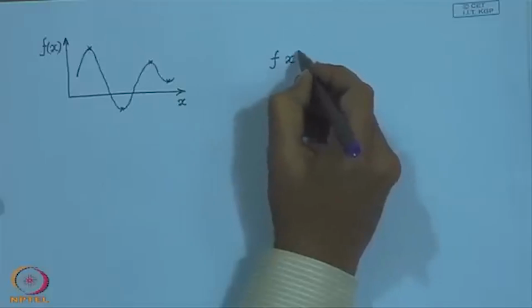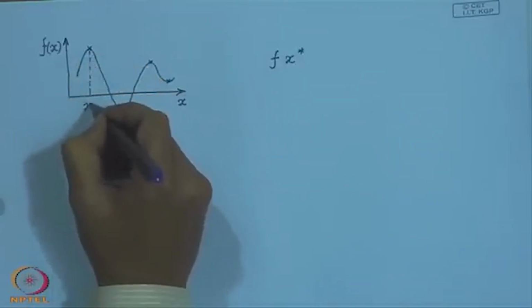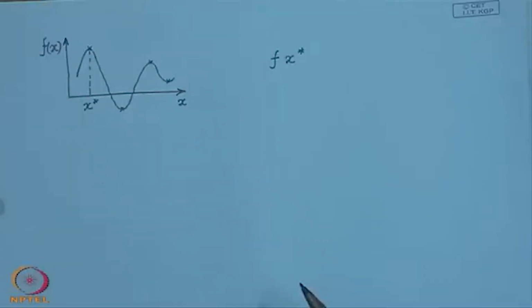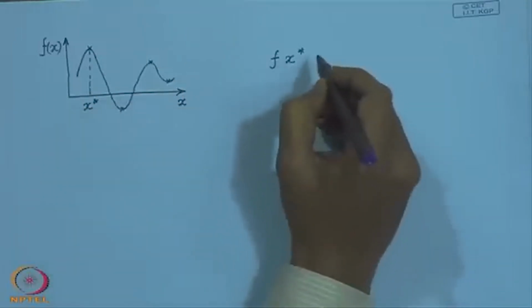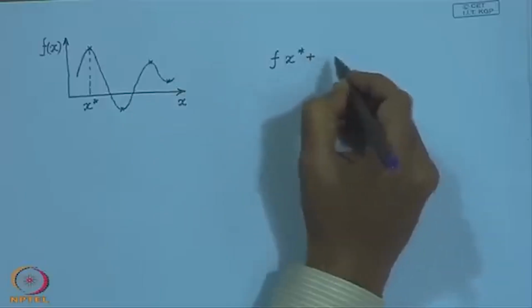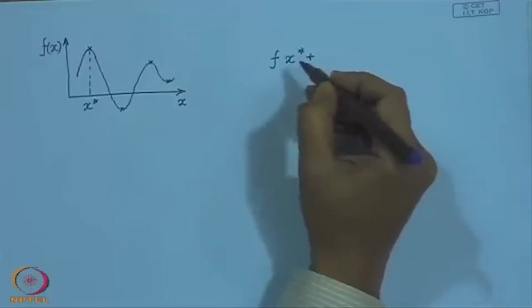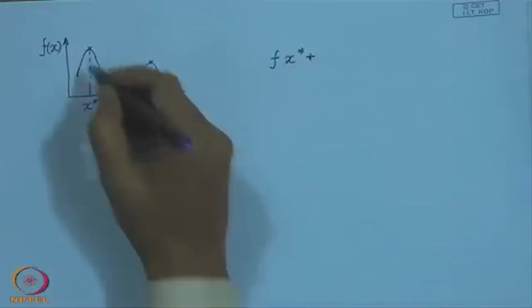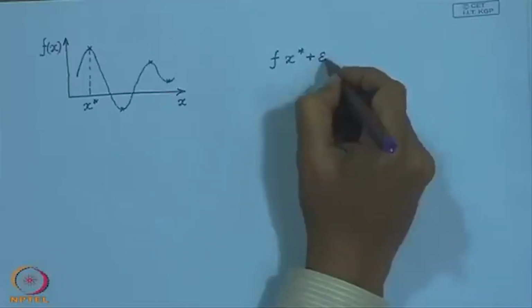Suppose x star is an extremum point, in this case a maxima. Then how do we detect that this is a maxima, or how do we detect this point, an extremum point? So, we make a test. Let us suppose that x star is a solution of an extremum point. Let us make this test.